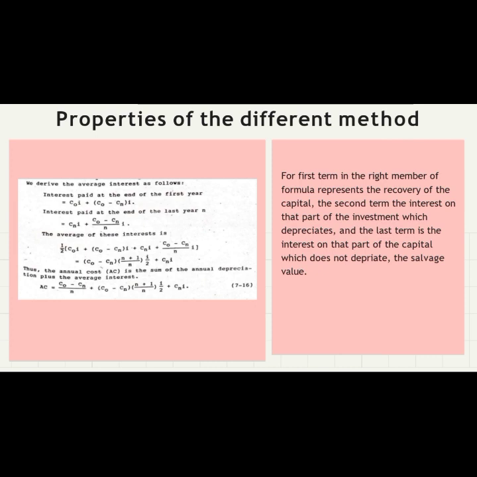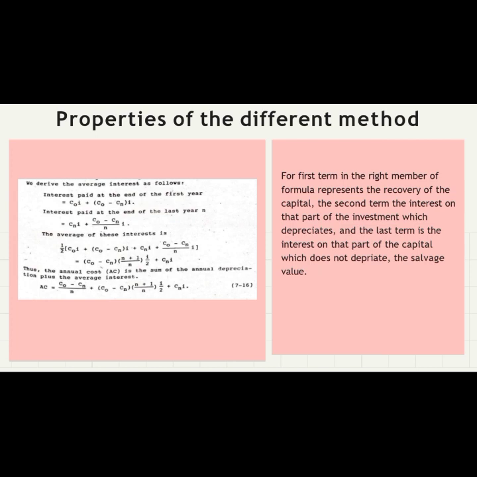So, first is the interest paid at the end of the first year. So, kani siya, the first term in which the right member of the formula presents the recovery of the capital. And the second is the interest paid at the end of the last year, which is the second term, the interest on the part of the investment which depreciates.